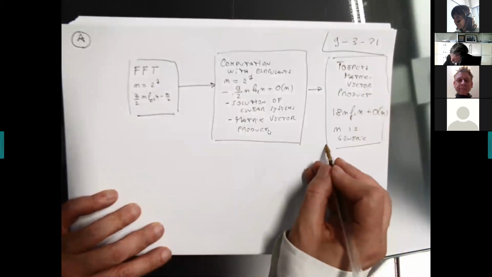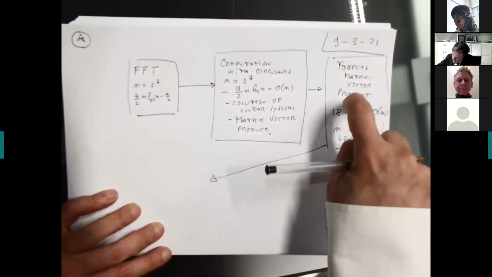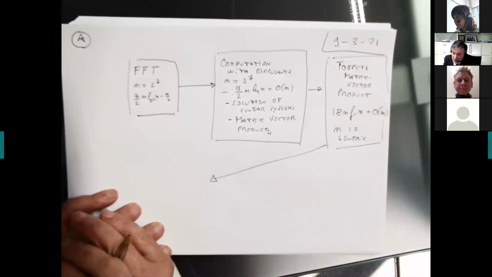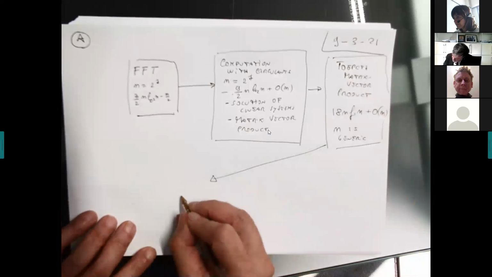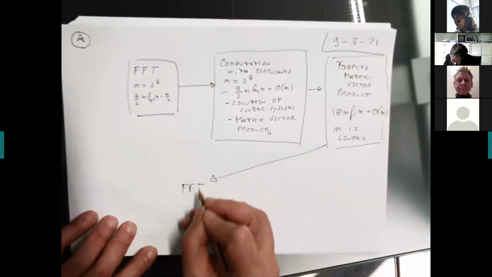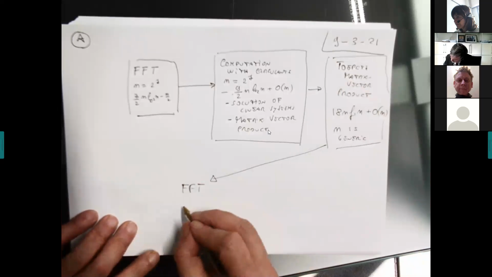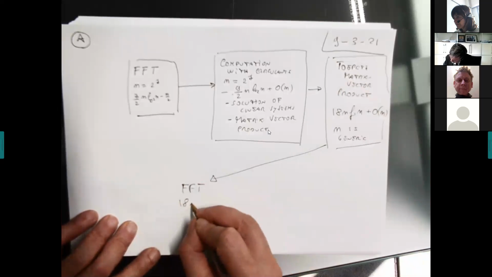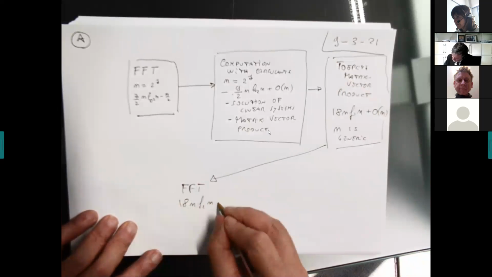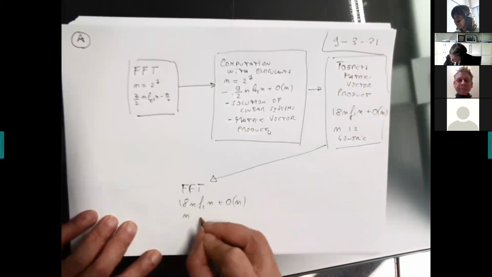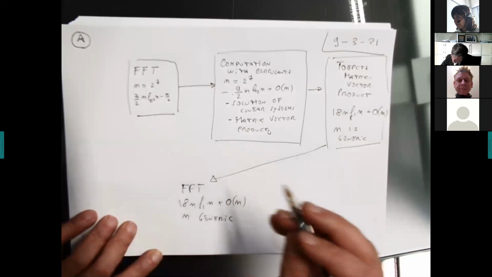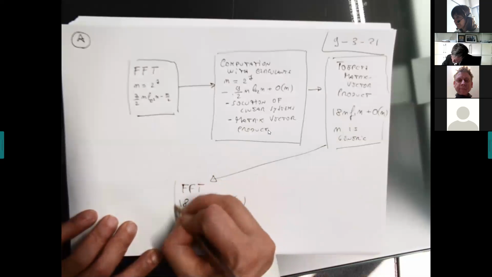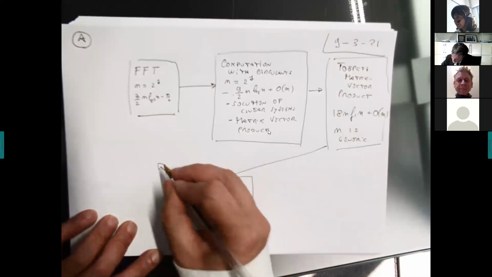Then the other arrow that we see is that using this kind of algorithm for the matrix vector product with Toeplitz matrices, we arrive to have an FFT with the cost of 18 n log 2n plus O(n) for n generic. So it is fun that using this, we can come back to this, and this, of course, has consequences on computation with the circulants.